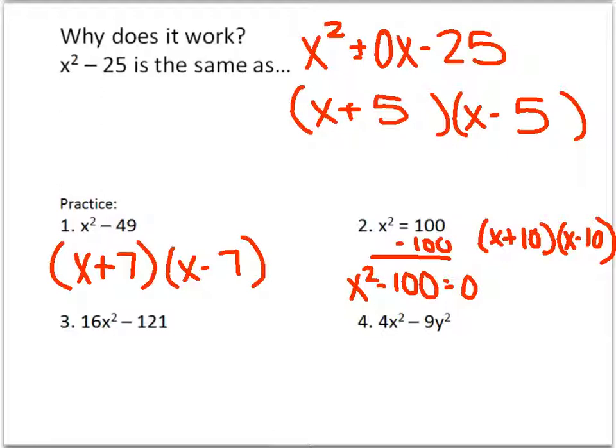You'll recognize in 3 and 4 that we have coefficients on our a term. We don't just have x squared. But as long as they're a perfect square, we still do the same thing. So 16 is a perfect square. So 16x squared minus 121 is still the difference of squares. Would anybody like to try to answer it for me? Ryan? Would be 4x minus 11 and 4x plus 11.